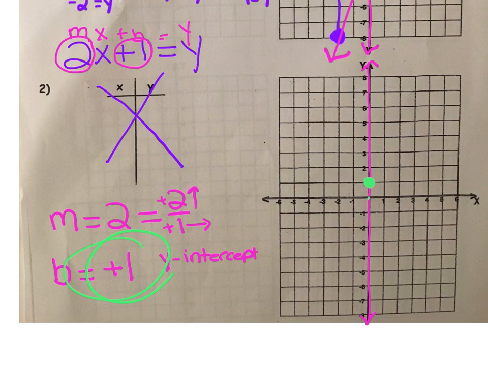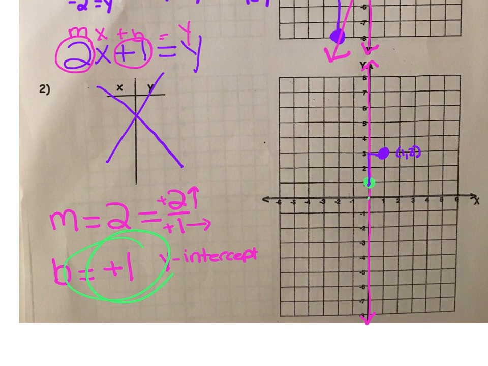So far, so good. Now, place your pencil point on that anchor and let's rise up 2 blocks and run to the right 1. Go up 2, over 1, make a nice solid dot at (1, 3).